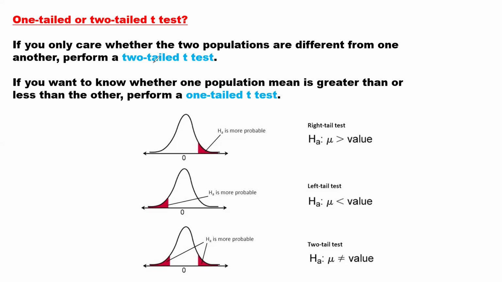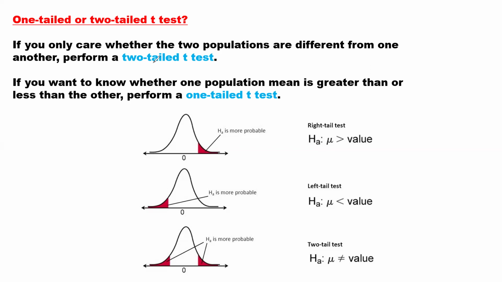If you have the idea that the means or the two populations are different from one another, then you perform a two tail test. For example, if you collect data from BUK and you collect data from ABU, there are two different populations, so you use a two tail test.